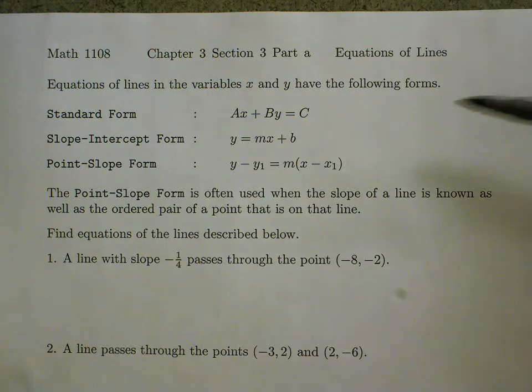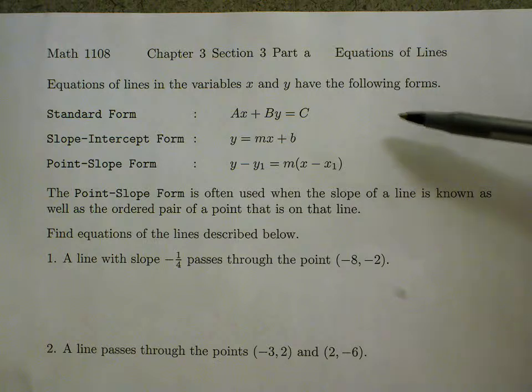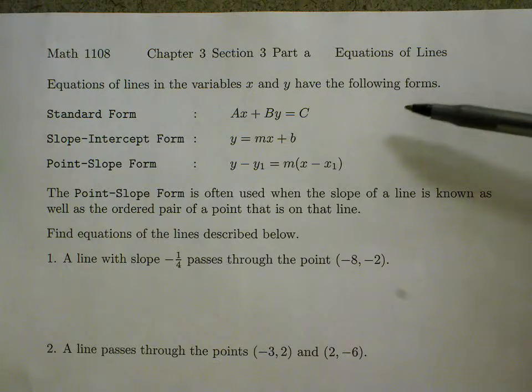We've seen the standard form. So equations of lines in the variables x and y have the following forms. The standard form, ax plus by equals c. So a, b, and c are just real numbers, and a and b cannot both be 0 at the same time.